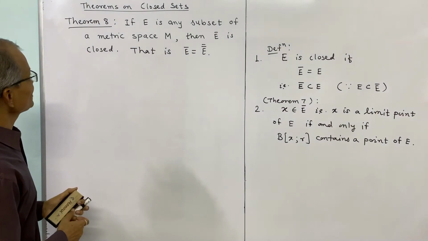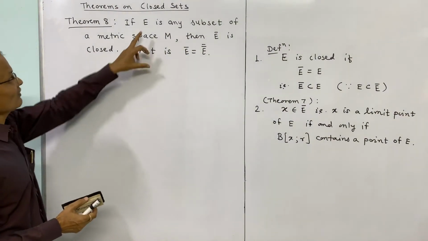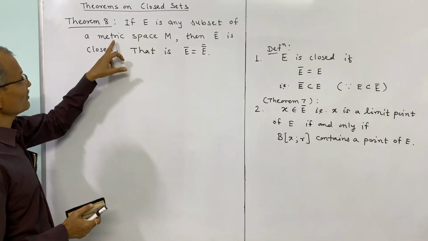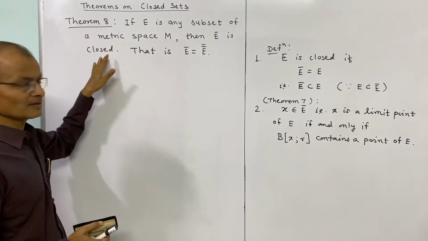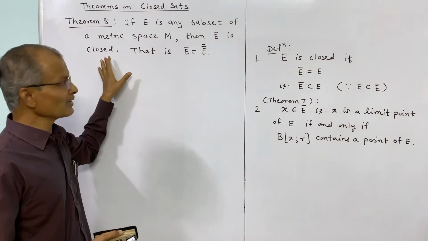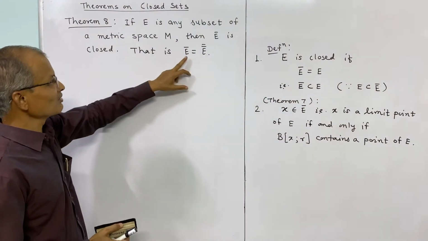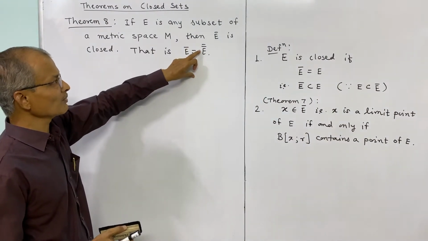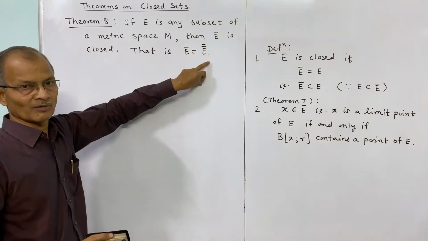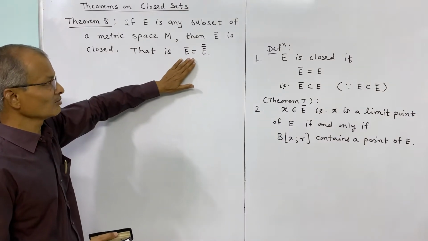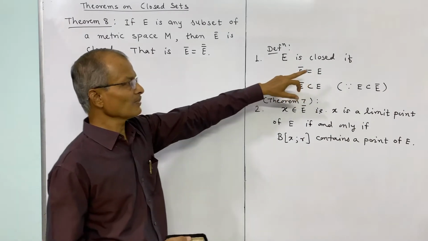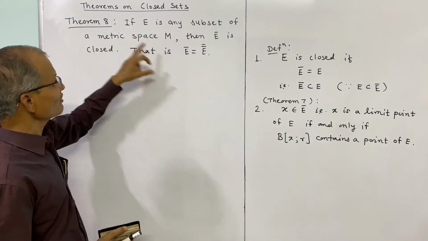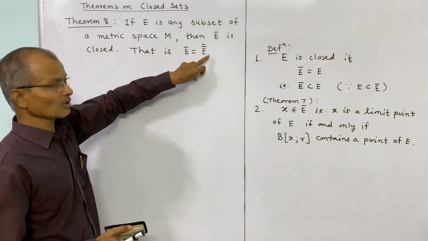So the theorem states that if E is any subset of a metric space M, then closure of E is itself closed. Closure of E is closed, that is, closure of E is equal to closure of E bar, the double closure of E. That is according to the definition, because when E is closed, closure of E is equal to E, and when E bar is closed, E bar is equal to closure of E bar.